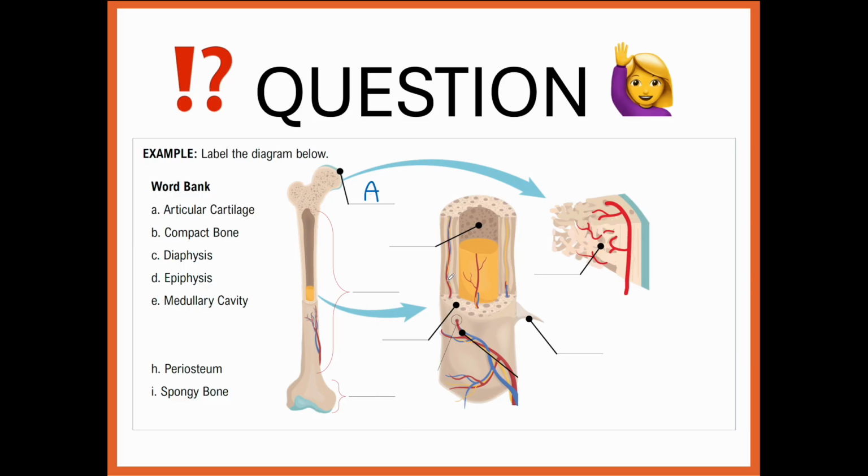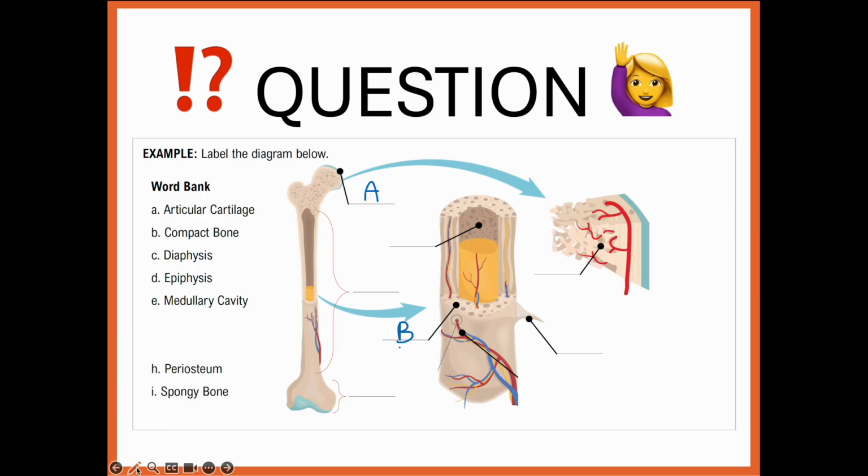They showed a section through it, but all of this is the compact bone. You see it over here. So I'm going to put that as B. You could have also labeled just this tiny section here, but probably all of this is compact bone. Good.